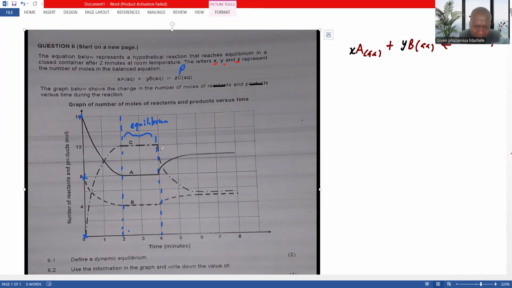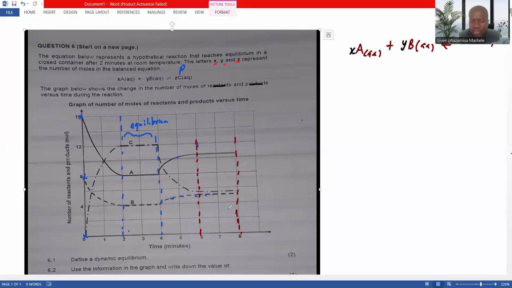But after 4 minutes, there was a disturbance along the way, which resulted in A increasing in number of moles, B also increasing, and C decreasing. But a new equilibrium was established after 6 minutes. After 6 minutes, a new equilibrium was re-established.